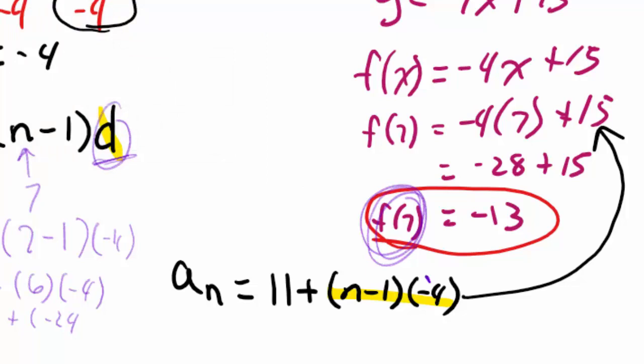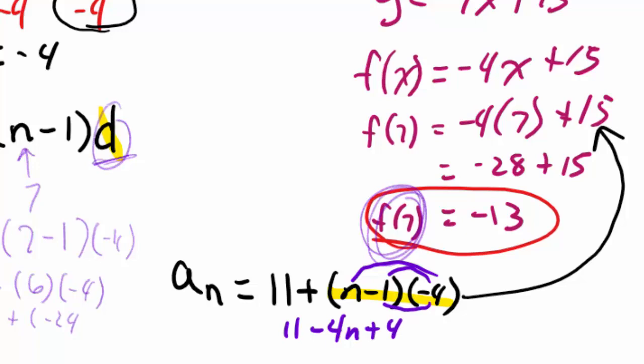So the first thing you do is distribute your negative 4, and you end up with 11 minus 4n, and then negative 4 times negative 1 is a plus 4.